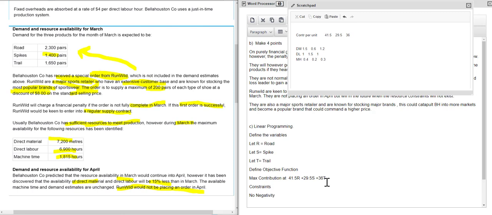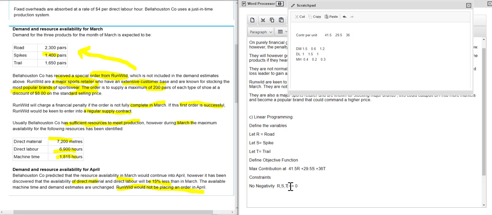Those variables can't be minus, so R, S, T have got to be greater than or equal to 0. And now we've got to write out the constraints. The first one is materials.